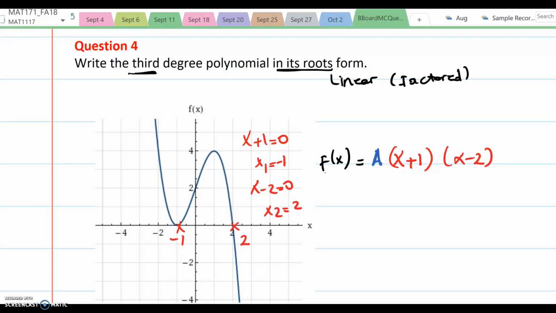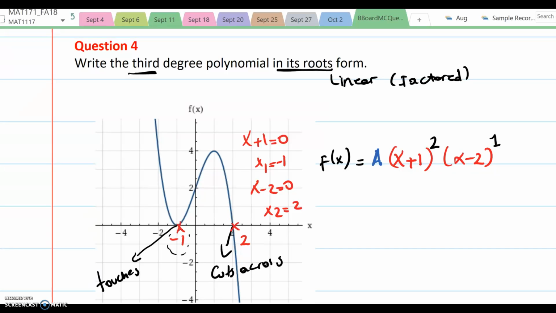Because at -1, the function just touches, this root will have a multiplicity of 2. Because at 2, the function cuts across the x-axis, this root will have a multiplicity of 1.